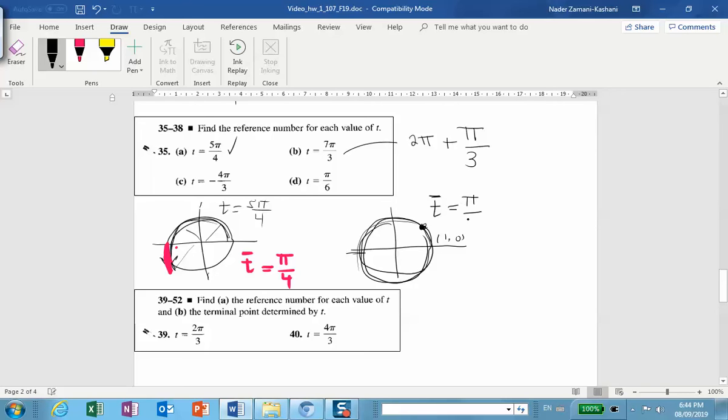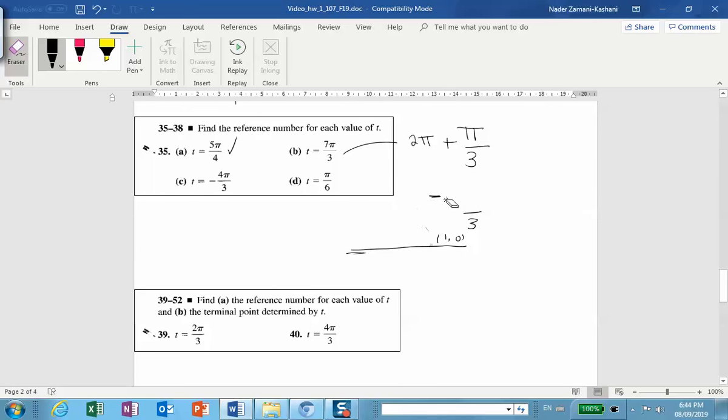I think I can erase these. We don't need them anymore. All right, let's take care of this fellow now. You can write it as, for example, minus pi over 3. That's one way of doing the problem.